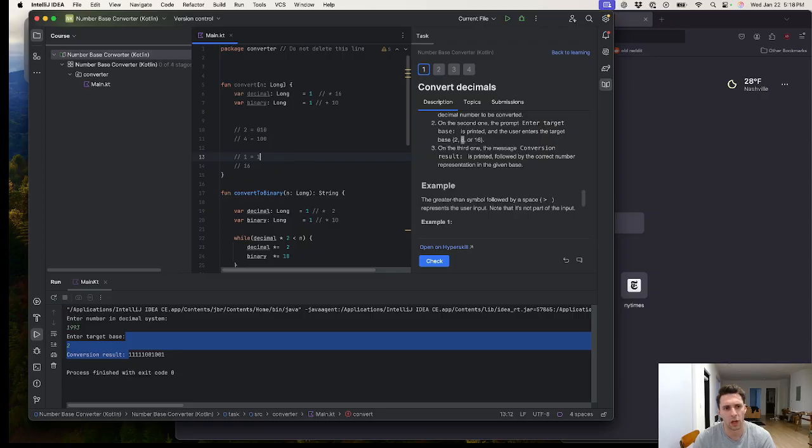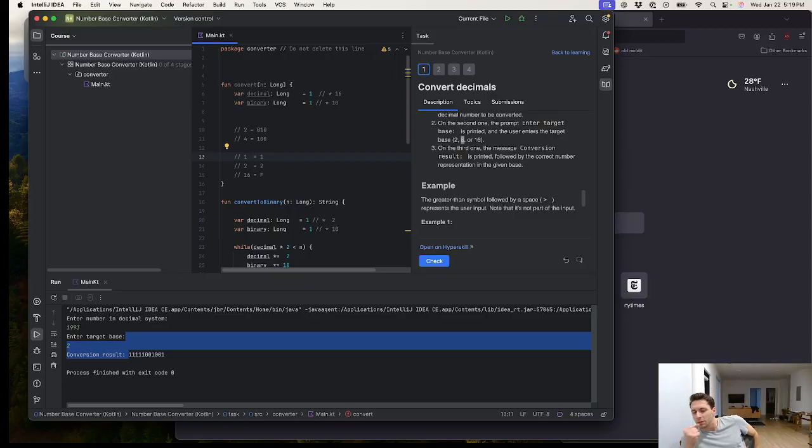So 1 equals 1. 2 equals 2. 16 equals f, right? And you would place, does that mean I need to, oh, interesting. I would be subtracting by 16 every time? I'd have a lot of F's in a row.